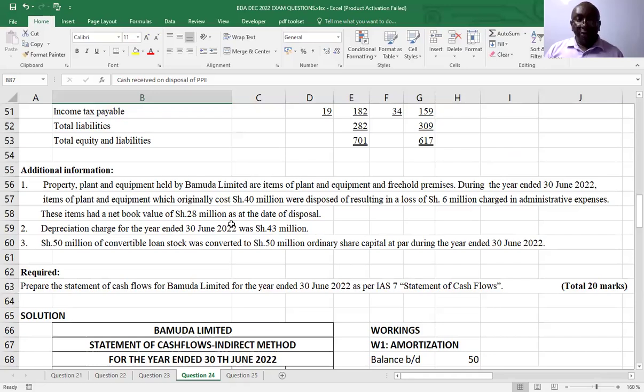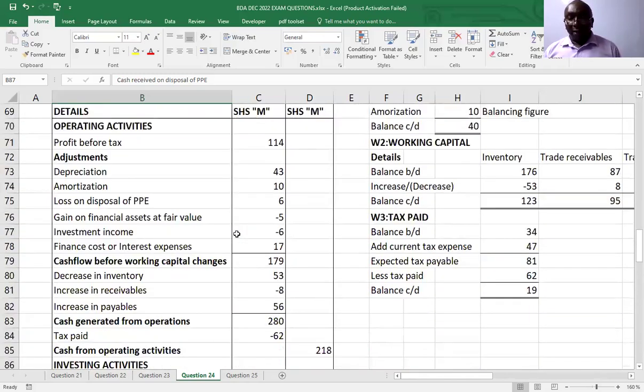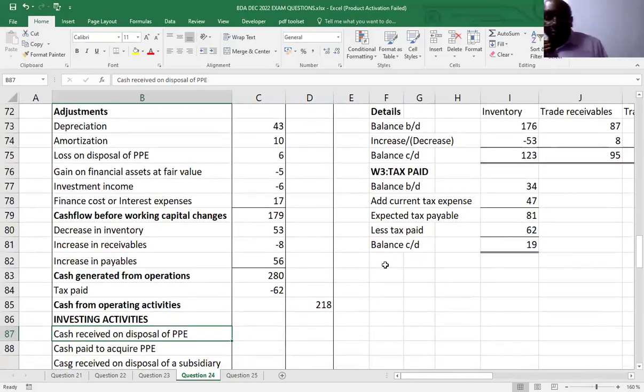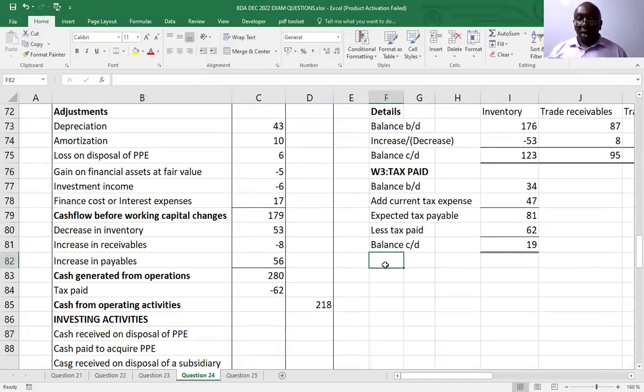So we need to see what is the loss on disposal. And what we are going to do, we just come here. Working for. So disposal.